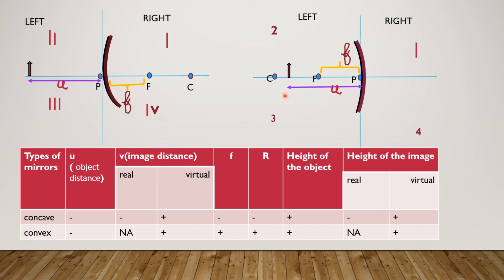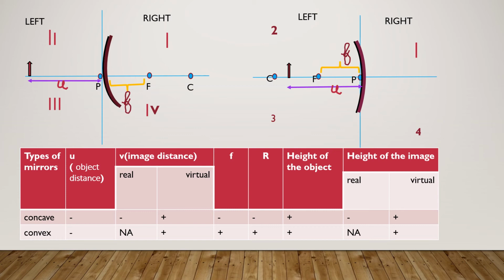That is why it is negative. If you were measuring in this direction, it would have been positive, but it is not so. So the object distance u is always negative, whatever may be the mirror.